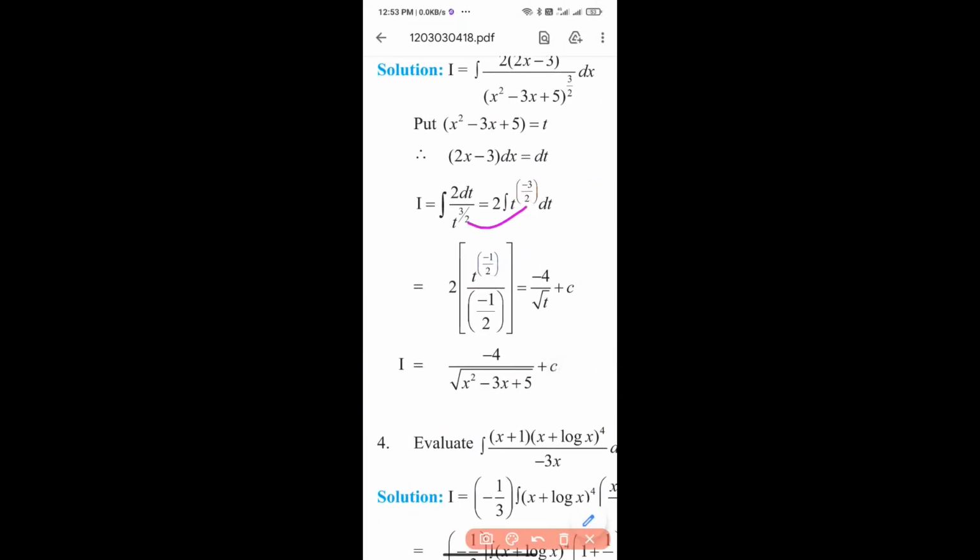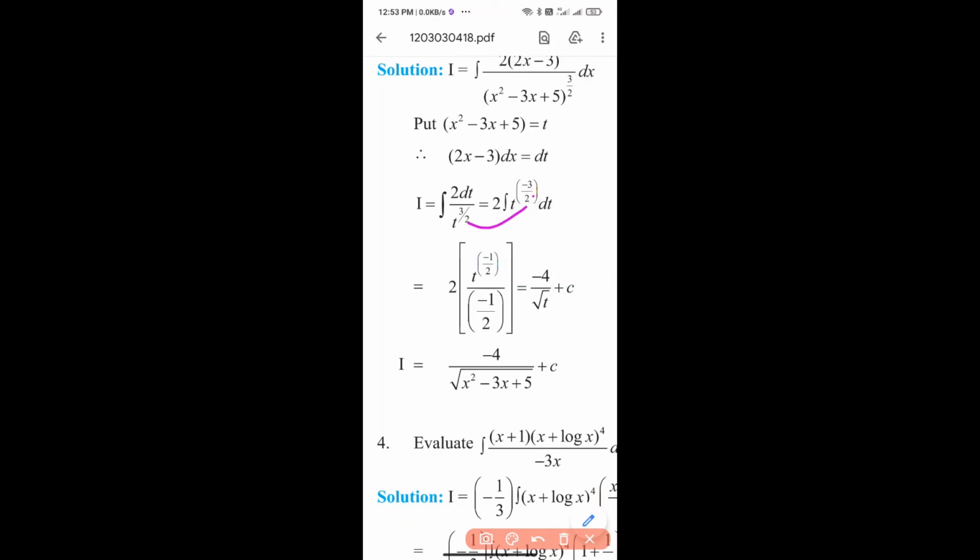Then what simply we have to do is take this 2 outside because it's a constant, and integrate and then write 2 raised to 3 by 2 as t raised to minus 3 by 2 in the numerator. This you can understand with the relation of powers and indices. So when it is t raised to 3 by 2, positive in the denominator, it is going to become negative in the numerator.